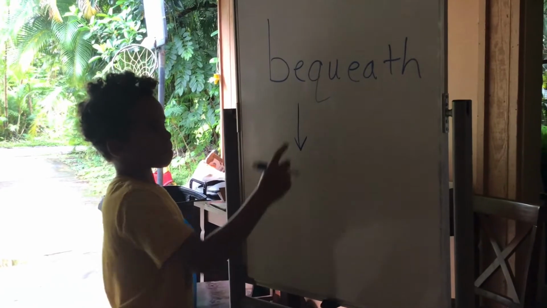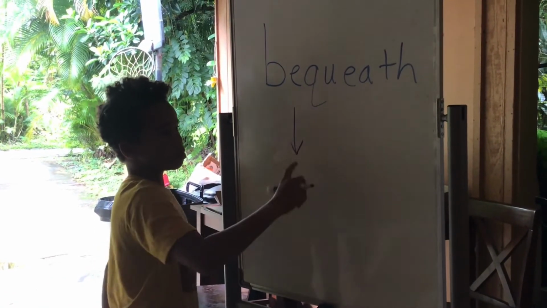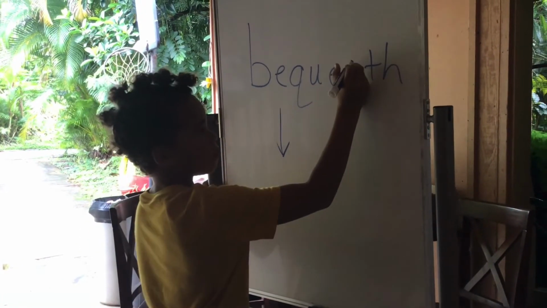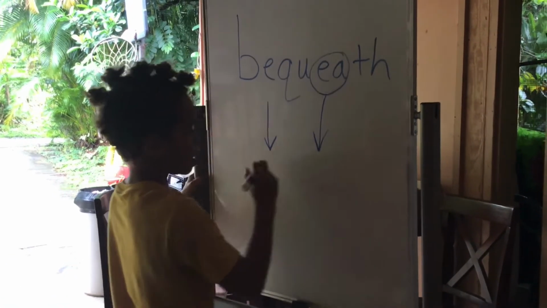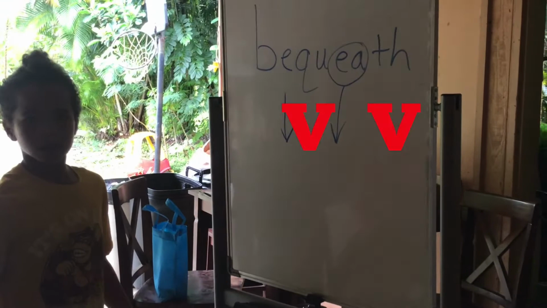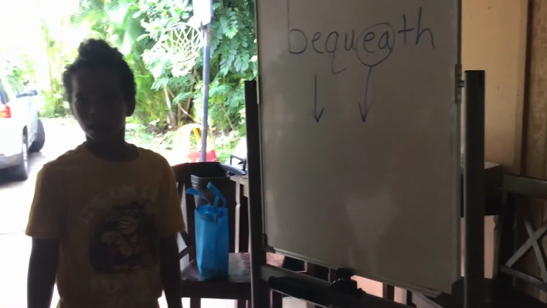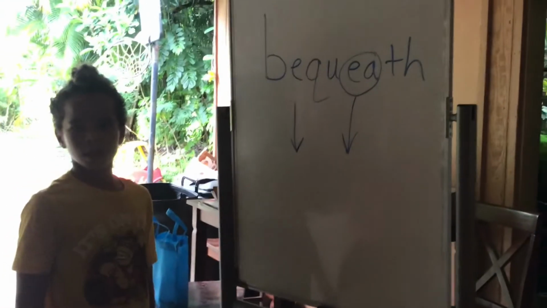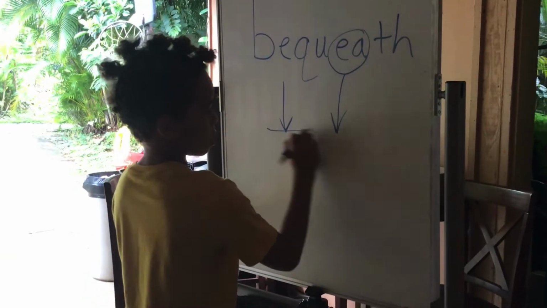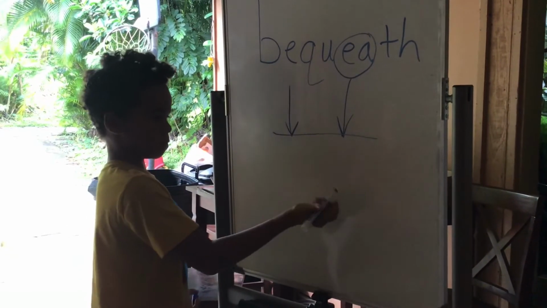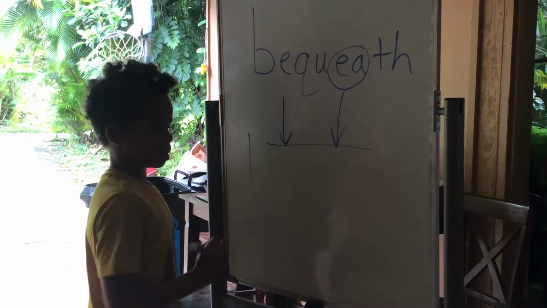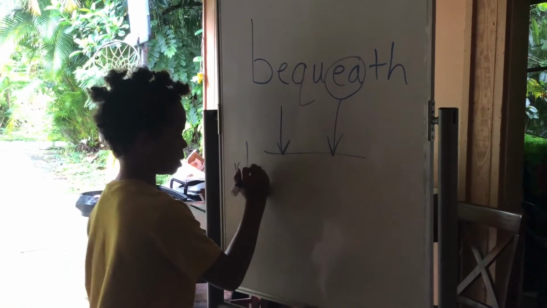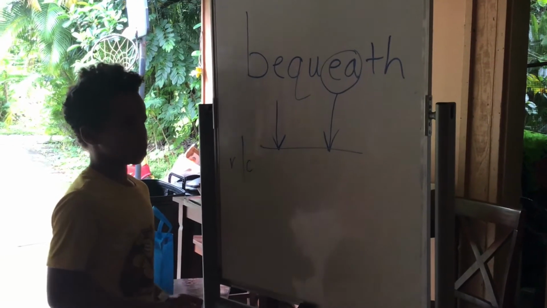You put arrows down for the vowel teams. Oh, it's not just an arrow, it's also a V. Yes, that's what V stands for, vowel. Oh, that's cool. And then put your line, your boat, and then VC for the vowel consonant.